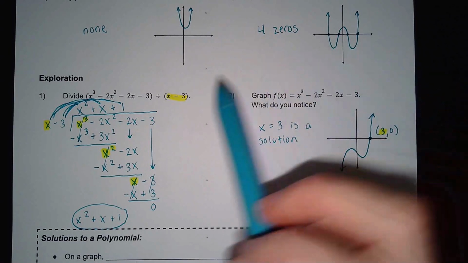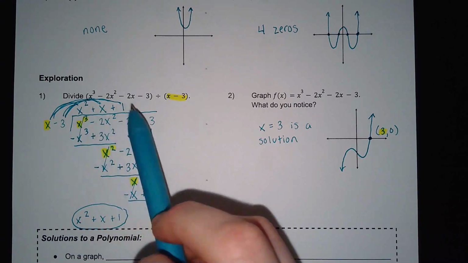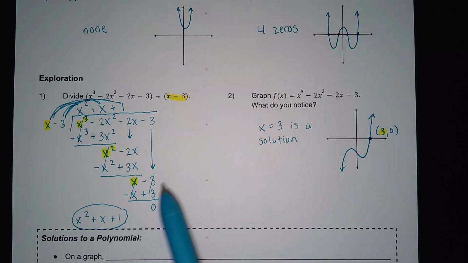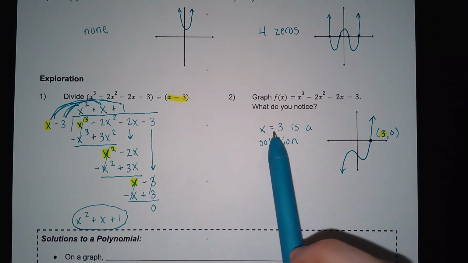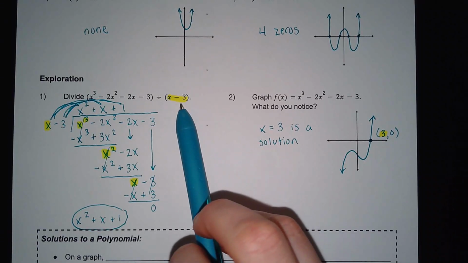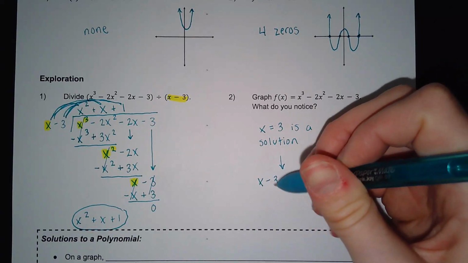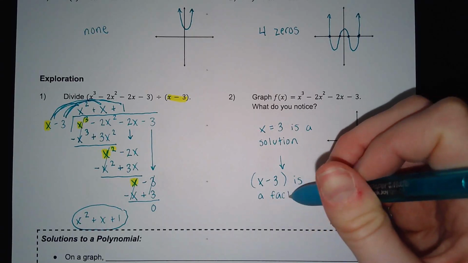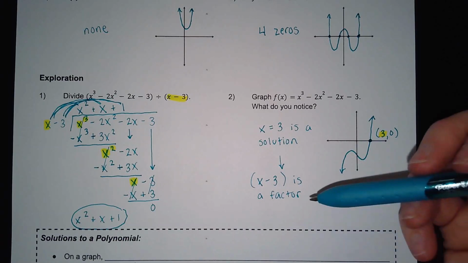And what we notice is when we had a 3 here, and we divided, we got a remainder of 0. What we were actually doing was we were taking this number and writing it as a factor. So x minus 3 is actually a factor of our polynomial, meaning that if we divide it, we're going to get 0.